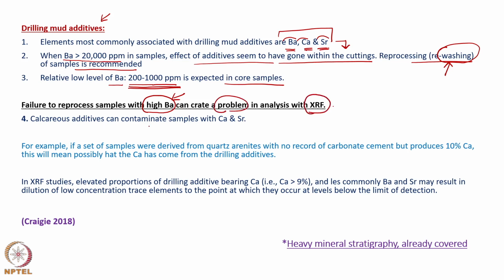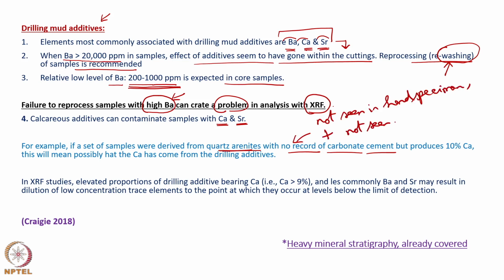The calcareous additives can contaminate samples with calcium and strontium. If a set of samples were derived from quartz arenites with no record of carbonate cement, no record means what? Not seen in hand specimen and also not seen under an optical microscope, but it produces 10% of calcium, say, now that will mean possibly that calcium has come from the drilling additives.